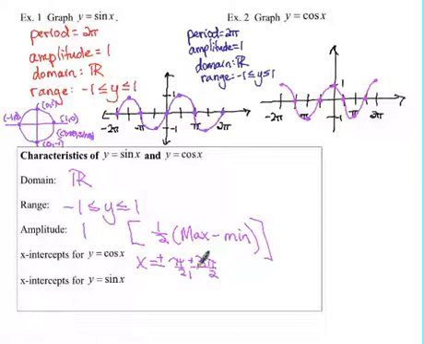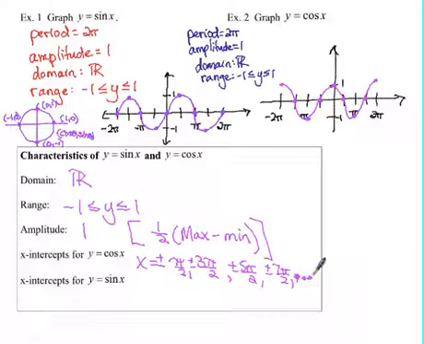No, because it keeps going and going and going. What do you think the next one is, if you had to guess? What would be the next x-intercept? 5 pi over 2. That'd be a good guess. So you're just going to keep going the odd pi over 2's, okay?